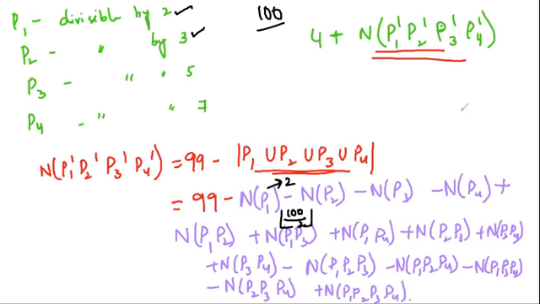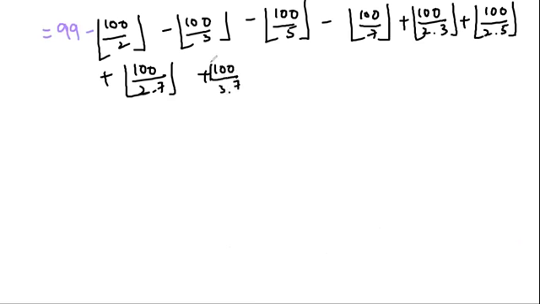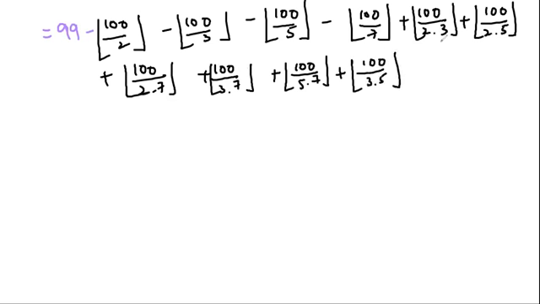So over here, 100 by 2 and 5 plus 100 by 2 and 7 plus 100 by 3 and 7 and 100 by 5, 7. So these are the 6 terms. 2, 3, 2, 5, 2, 7. Yeah, one term is missing, which is 100 by 3 into 5. So intersection of 2 sets will have 6 such combinations.